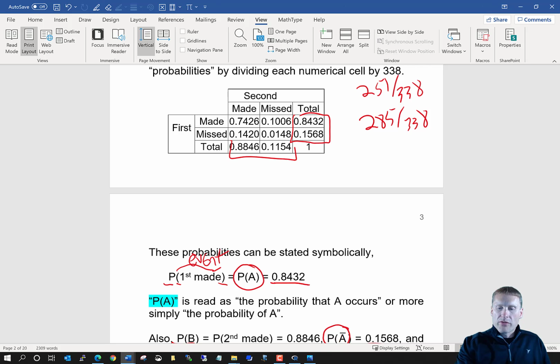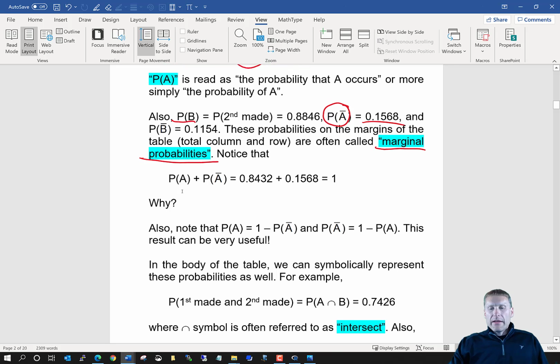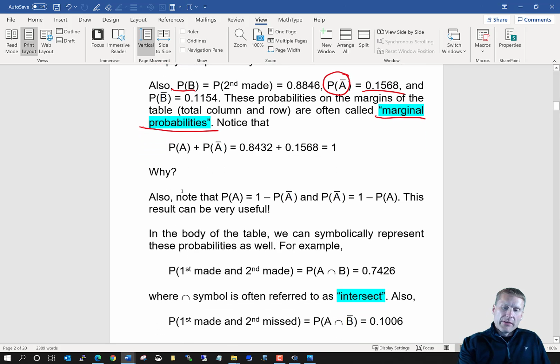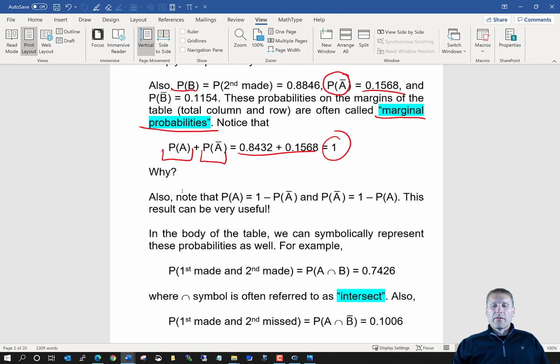So here are the marginal probabilities. Now what's interesting then is that if we were to take the probability of A plus the probability of A bar, the opposite of A, again, look what we get. It sums to 1. You can do the same thing for the probability of B as well.